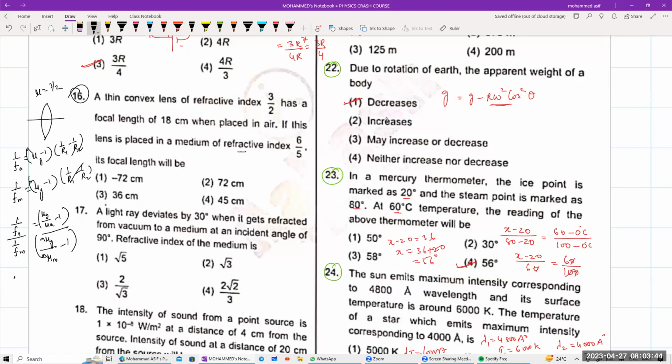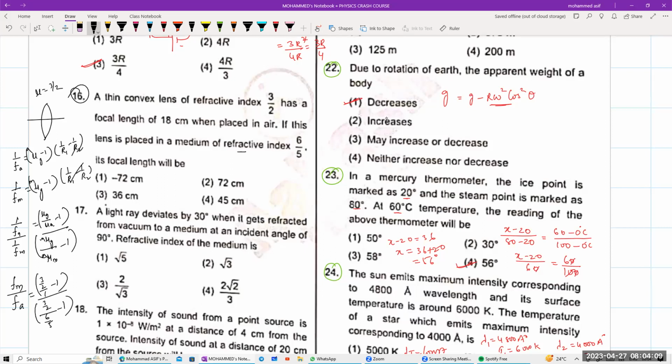Isn't it? So this goes up: focal length of medium divided by focal length of air is equal to, for glass it is given as 3/2, for air it becomes 1, minus 1, divided by refractive index of glass with respect to medium, which is 3/2 divided by 6/5, minus 1.